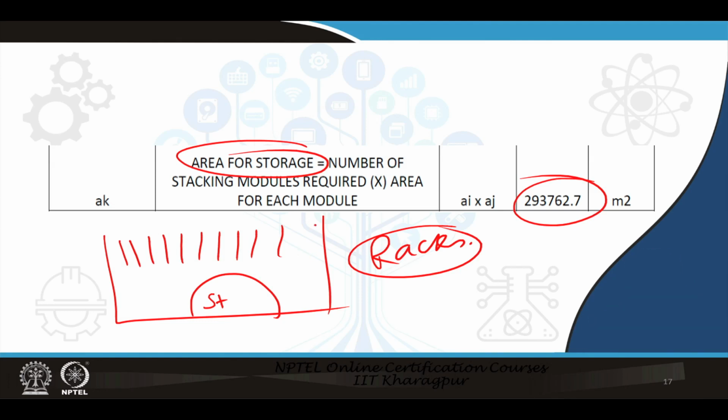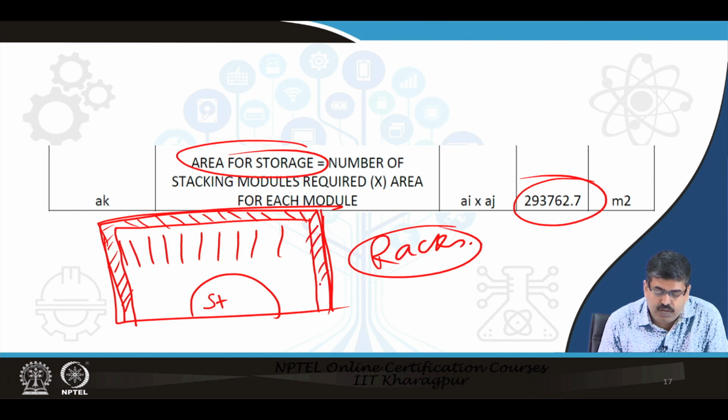The last aisle is not included, and a road or basically another aisle will move round the entire warehouse. So, this area also needs to be calculated.